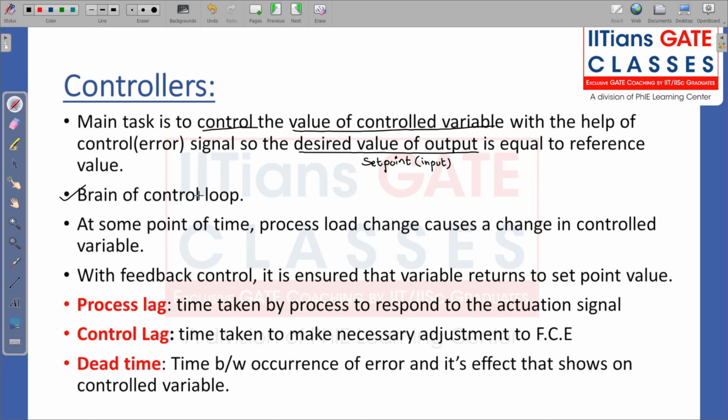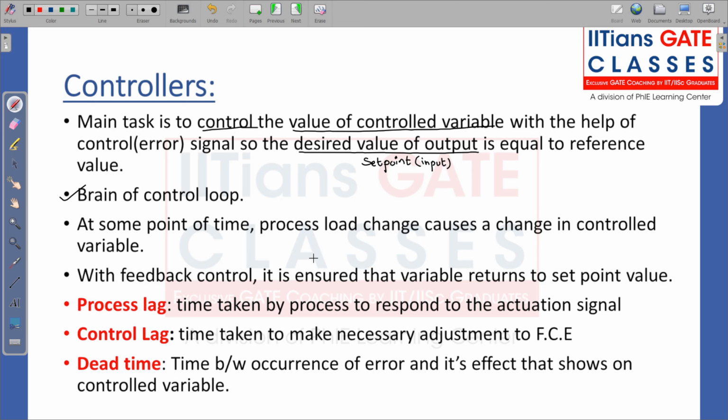So the desired value of the output is equal to the reference value. This is the task of controller, that basically controller needs to maintain your controlled variable, that is your measured variable or output, equal to your input or to your set point.